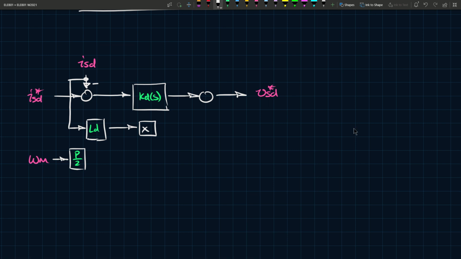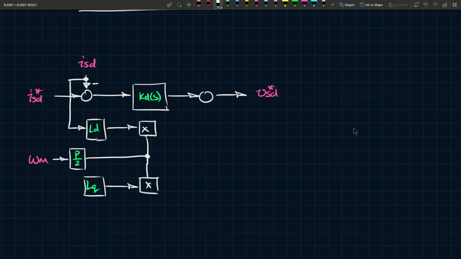And the output of this will go into this block here, so it'll be multiplied by that signal, and then it'll go down here, and will also get multiplied by another signal. And the other signal that it's multiplied by is going to come from another block here. And this we can say is LQ. And I'll explain in a second where these blocks come from, because our other control loop, the generic thing that we did, didn't have any of this.